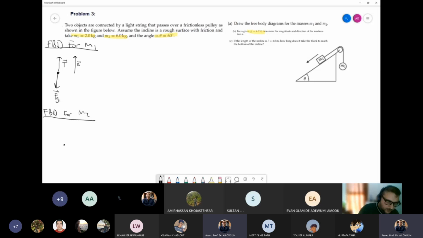And this is the object. There is a gravitational force downward, M2g. There is a normal force opposite to the surface, F normal. There is tension on the rope, T. Let's write it correctly.